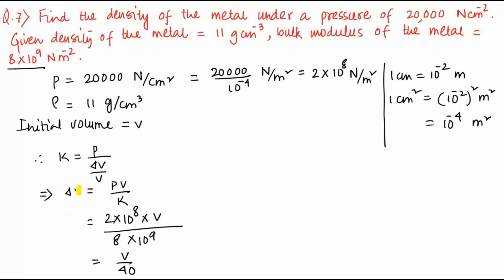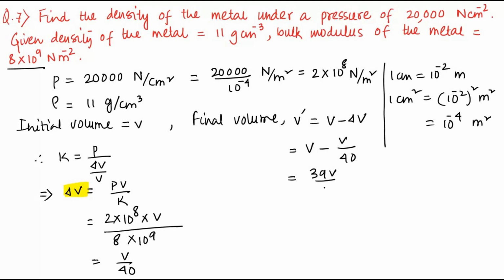Now we know the change in volume, and we have assumed that the initial volume of that metal is V. So the final volume, let us suppose the final volume is V dash, would be V minus delta V. So V minus V upon 40, so V dash is 39 V by 40, right?